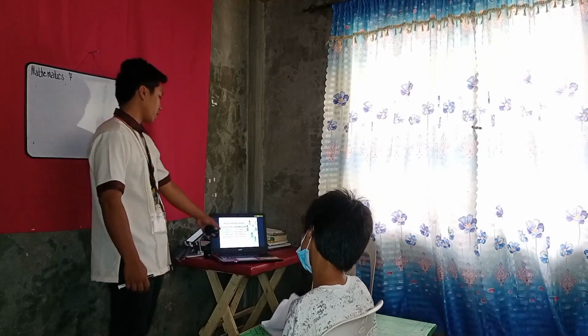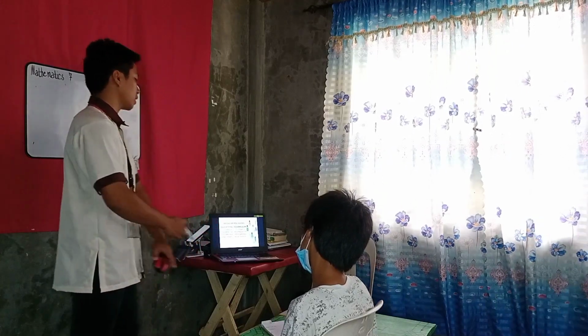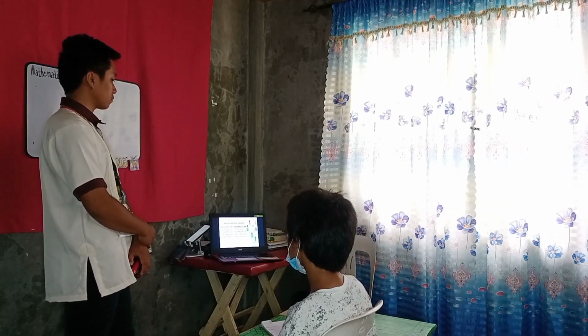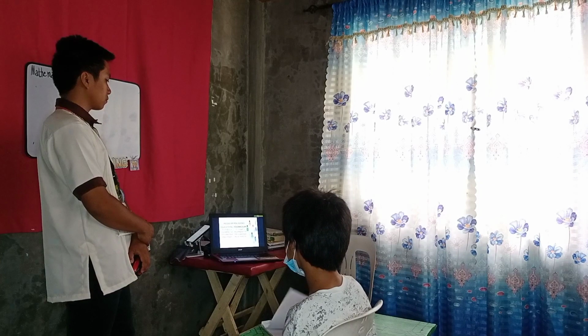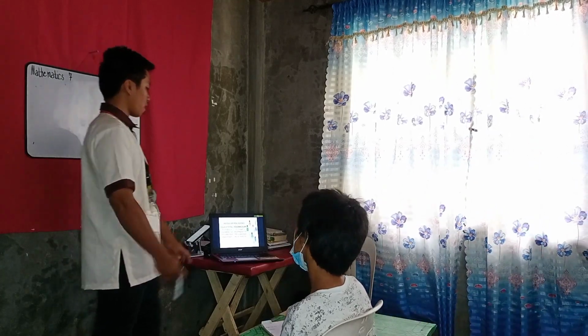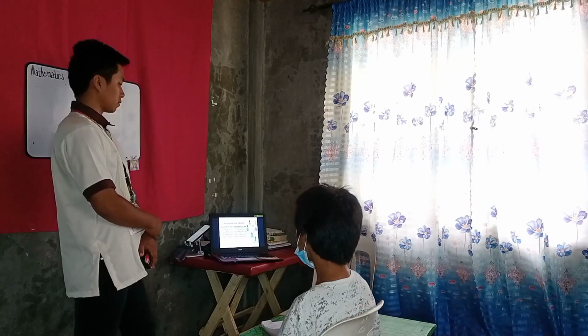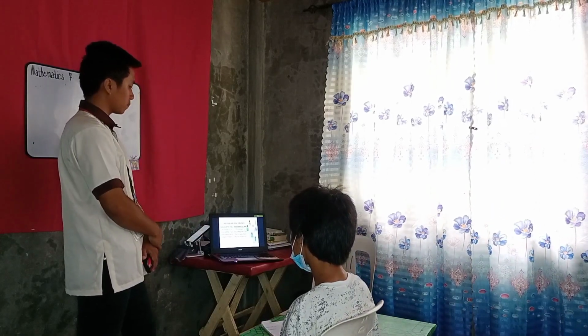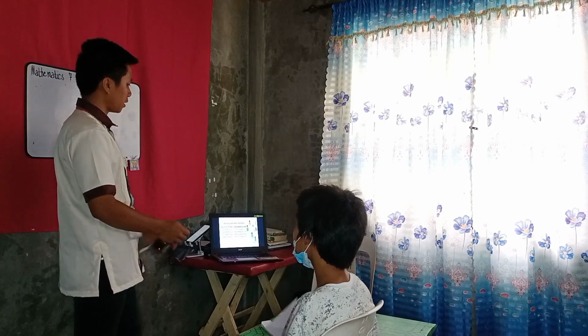So, ano ba kasi yung equilateral polygon natin? Can you kindly read it, Ken? A polygon is equilateral if all the sides have equal length. How about equiangular? A polygon is equiangular if all the angles have equal measure. Thank you, Phil.